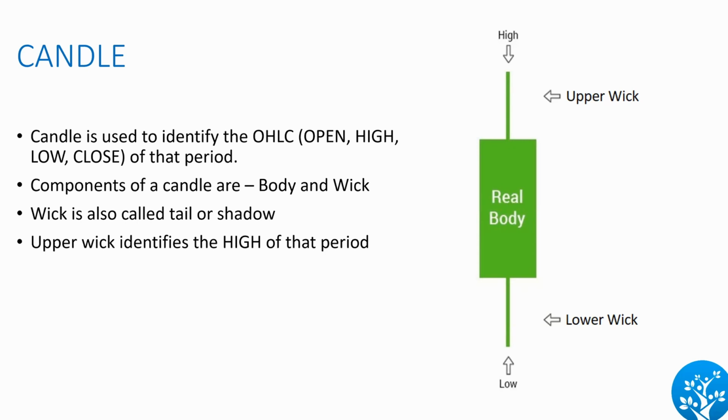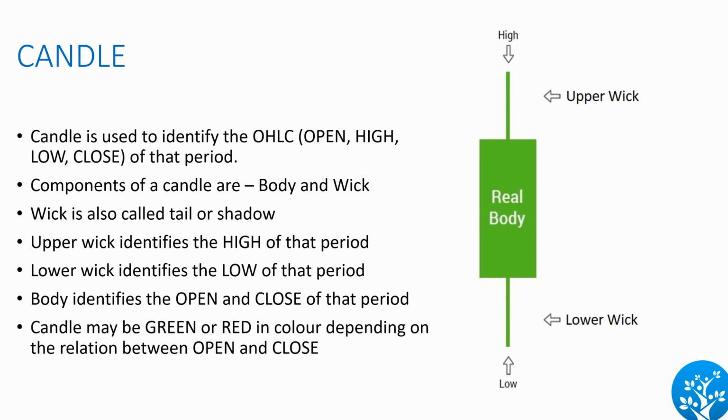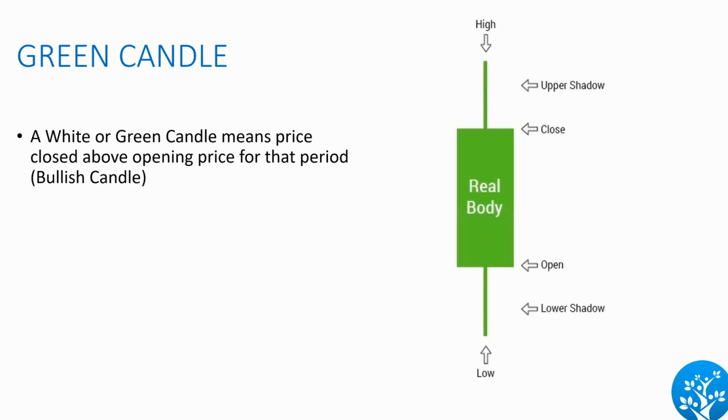Then we also know that the body is used to identify the open and the close, but whether the candle is green or red determines where the open and the close are. So the candle may be green or red in color, depending on the relation between the open and the close. You already know this much, right? What is a green color candle? A green color candle or a white candle means that the price has closed above the opening price for that particular period.